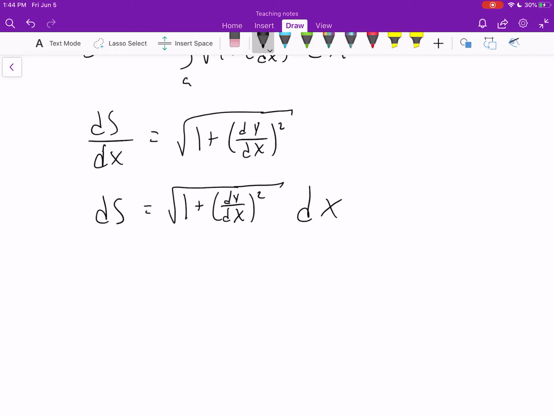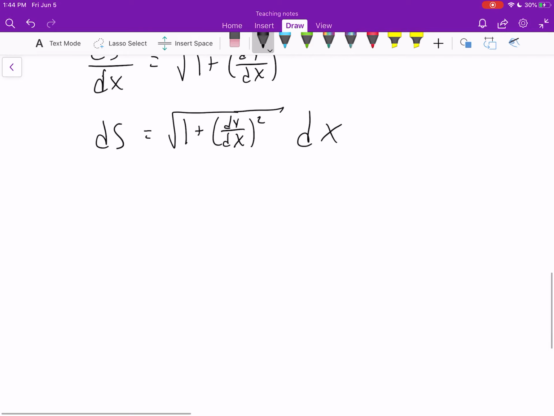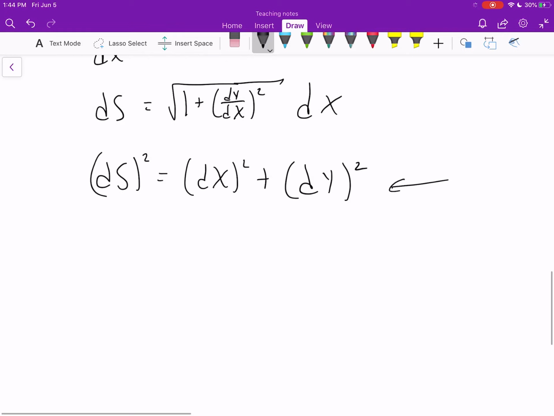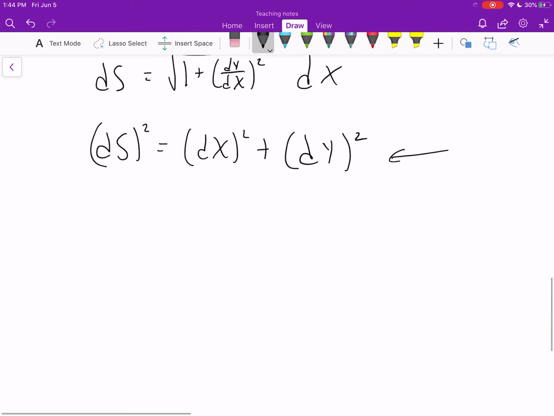And you can imagine squaring both sides, and from that you can get the equation ds squared is equal to dx squared plus dy squared, if I'm being cavalier in how I'm treating these differentials. This is the most common form of the idea behind arc length. So if you think about this geometrically, you have to think about what differentials mean.